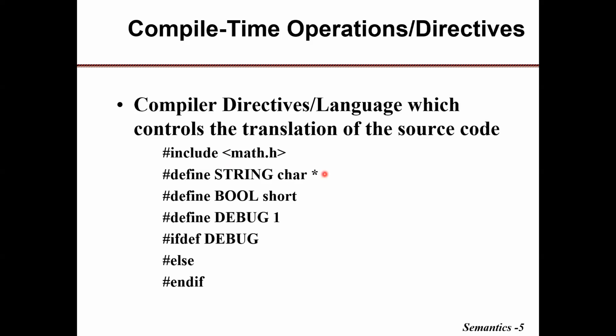Okay, then in addition to the macro expansions, there are the compile time operations, assembler directives or compiler directives that we can build into the languages. And here are some classic C and C++ directives, right?